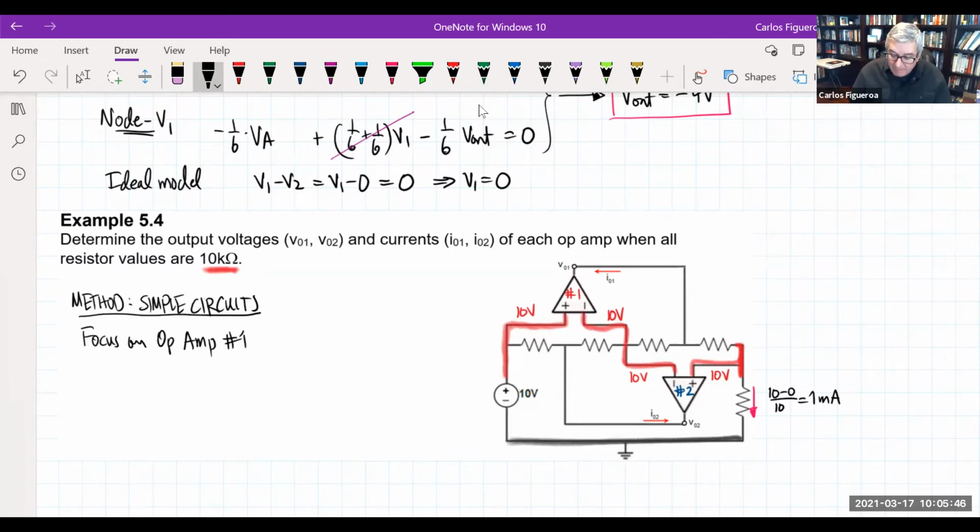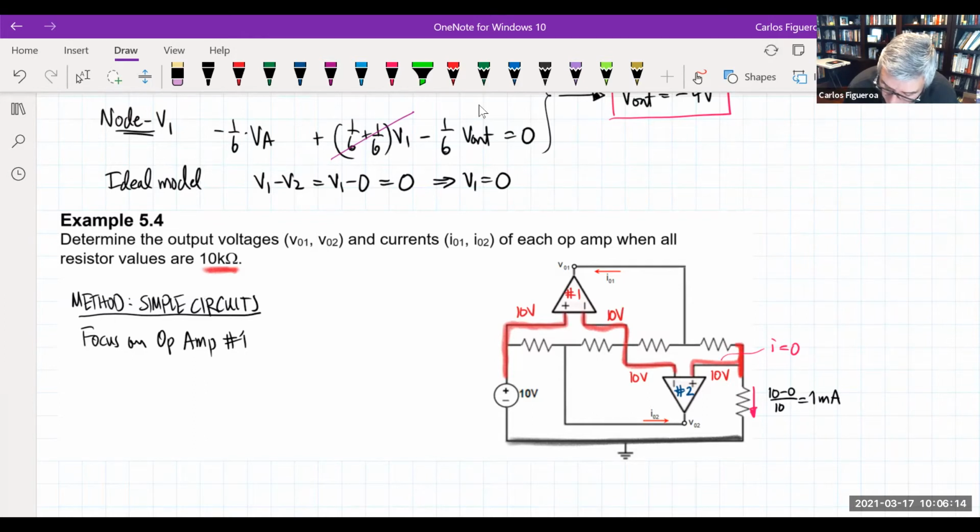But what that tells me here is that if I start to follow, I know that there's no current in this branch right here. So if I come in here, I know that the current in this branch must be 0. Okay, so in this case, that node is, I guess, node 2.